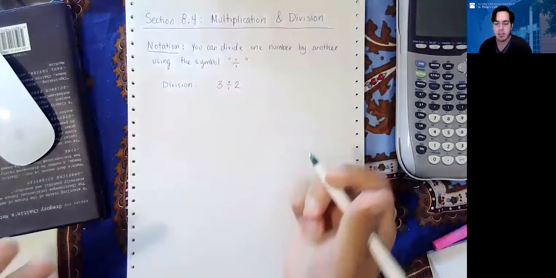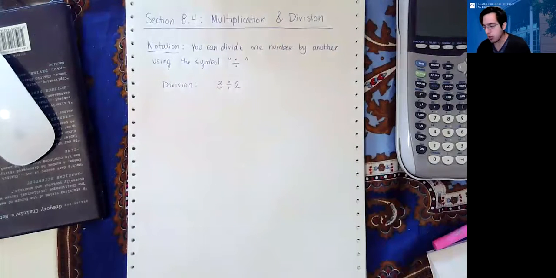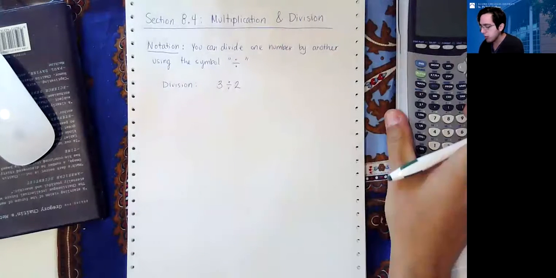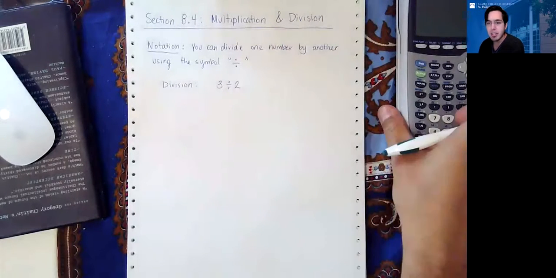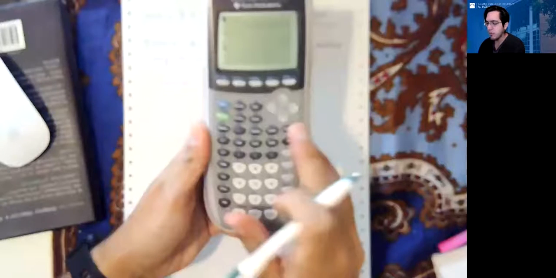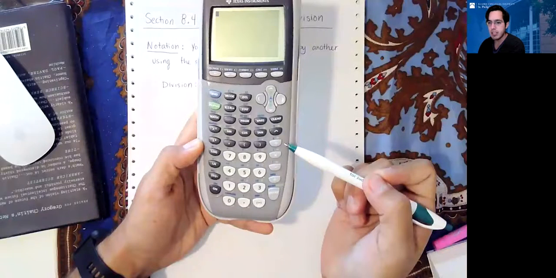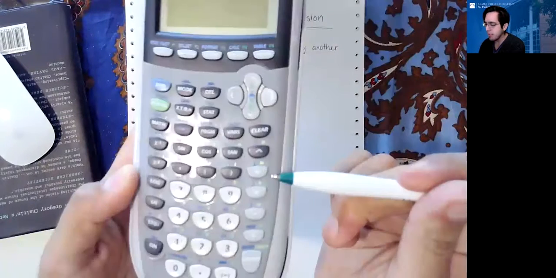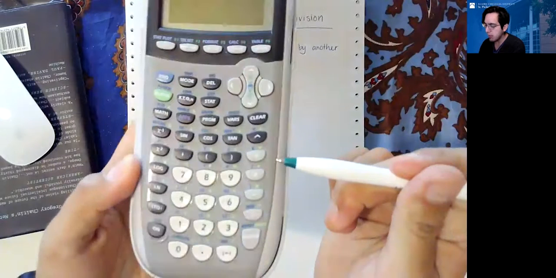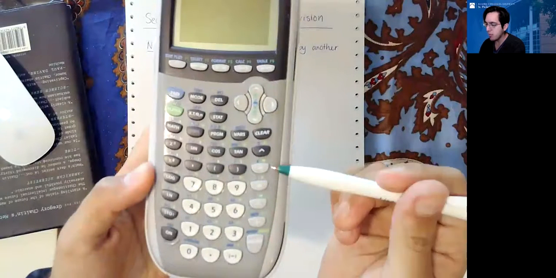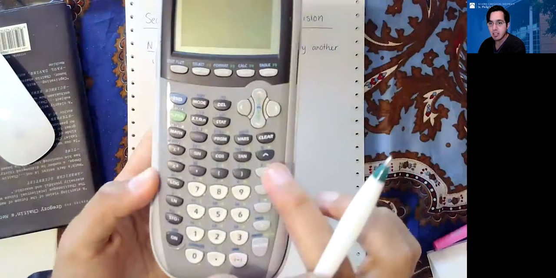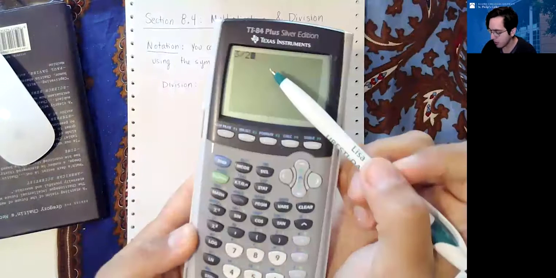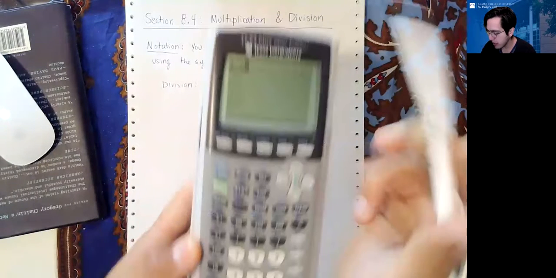But on your computer keyboard, or on your calculator, even though you might have that division button right here, if I were to type in 3 divided by 2, it shows up as a backslash. So you could also write division as 3 backslash 2.